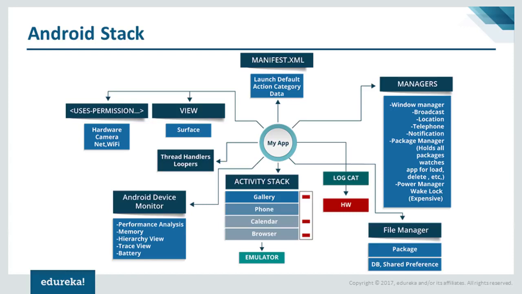Now, apart from that, you have something called the use permissions. This use permissions is used under the manifest. For example, you're downloading software from your Play Store, and your phone does not have a camera in it, and you want to download a camera application, right? You're going to goof up if you're able to download the camera application, and when it shows up you start clicking on camera, but your phone does not have the camera.